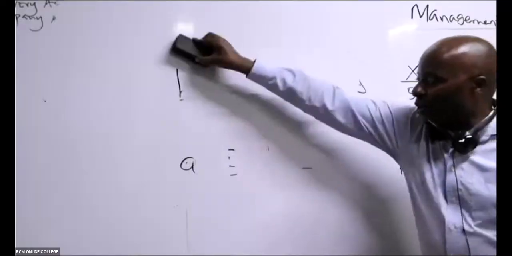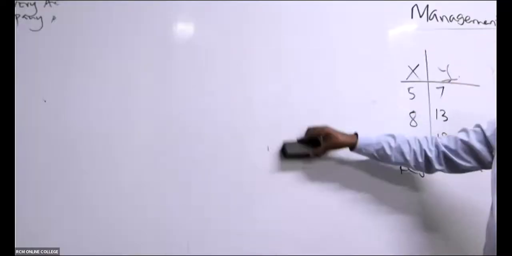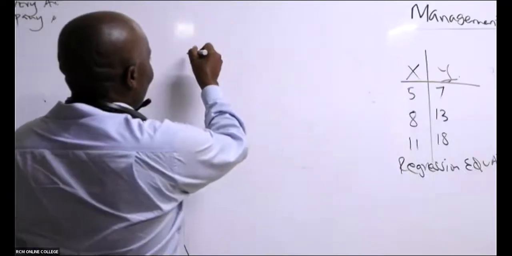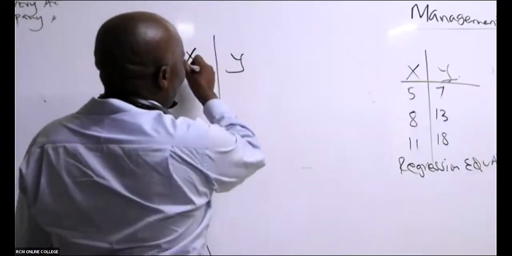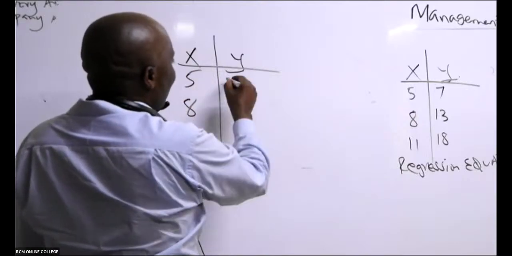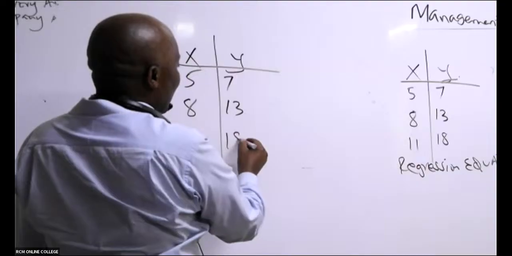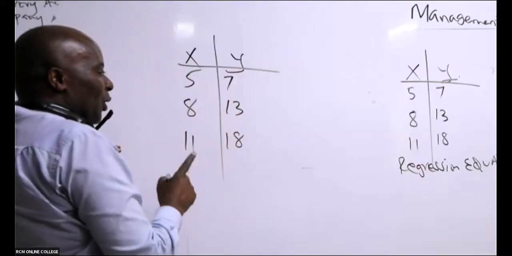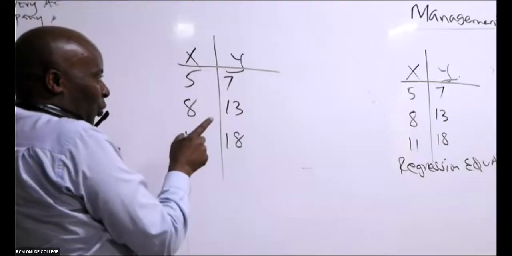So this is our x and this is our y: 5, 8, 11, and 7, 13, 18. Whenever you look at your past papers, we have so much in the form of these regression equations.